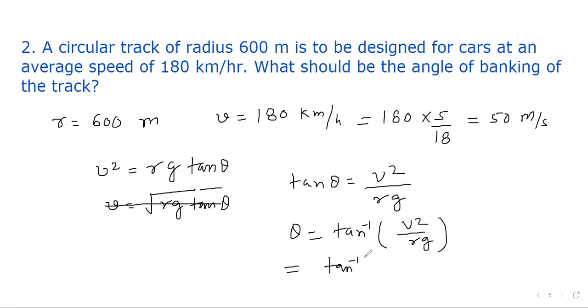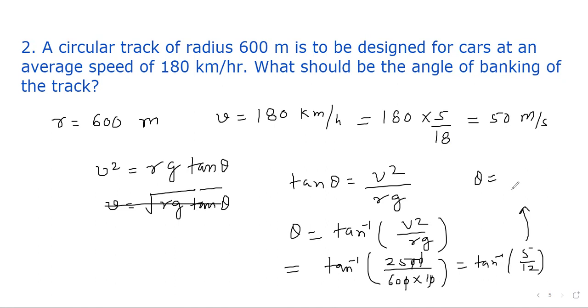So tan inverse of v square, that is 2500, divided by r, which is 600, into g, which is 10. So this will become 5 by 12. So tan inverse 5 by 12. Now, if we use a calculator, we will get theta equal to 22.6 degree, which is our answer.